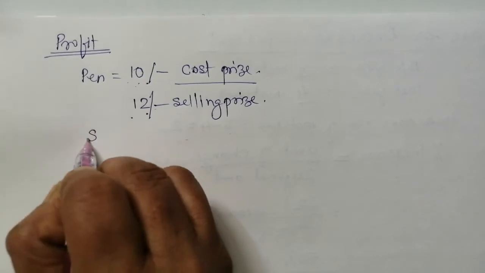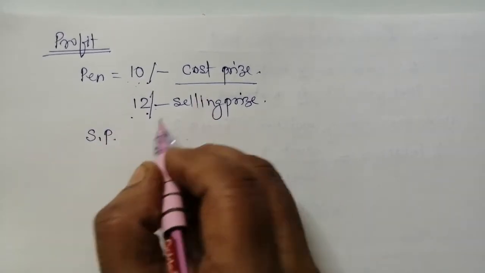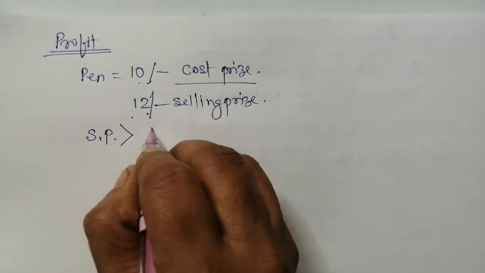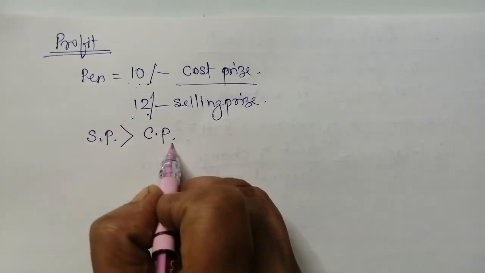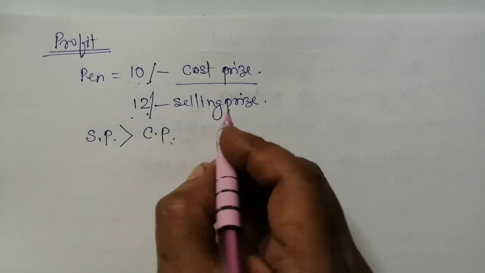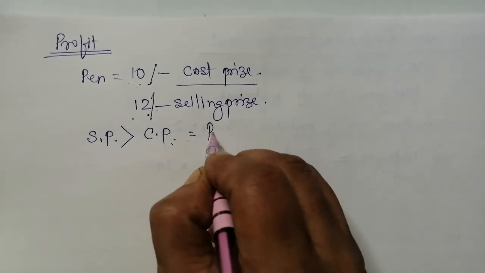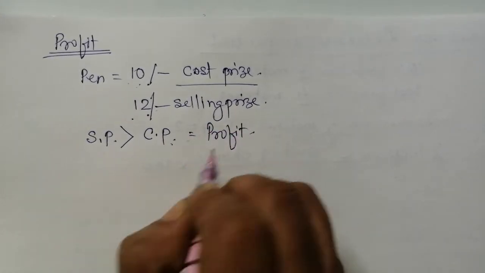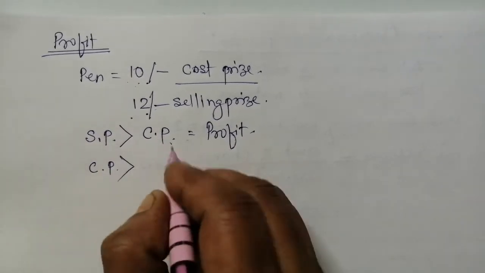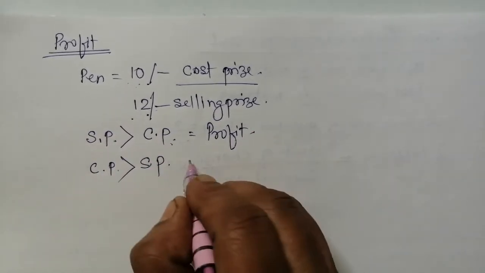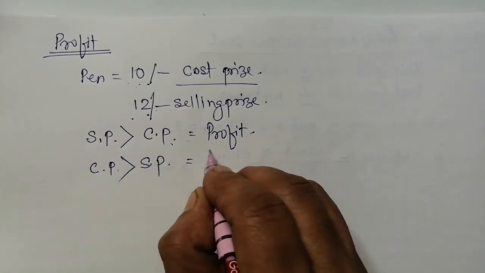That means we can say that when the selling price is more than cost price, then it is profit. But when cost price is more than selling price, it will be loss.